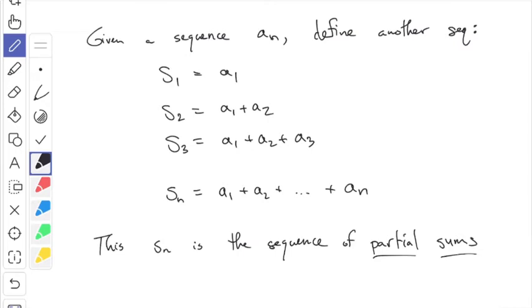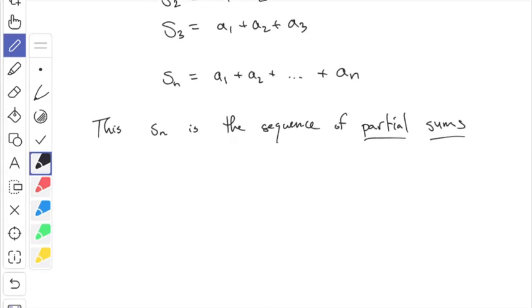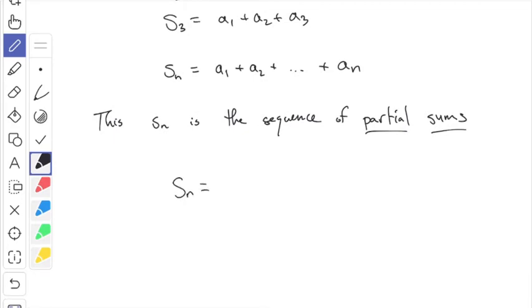The whole series includes infinitely many things. These are just part of it. Each one represents part of the whole series. Another way you could write Sn is the sum from i equals 1 to n of ai. That's the same thing I wrote up there, just using the summation sign.